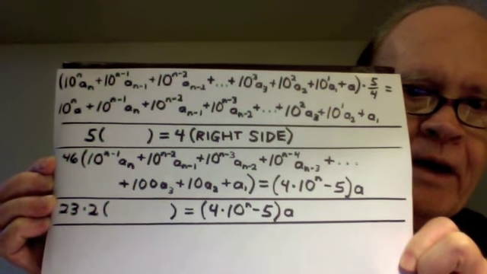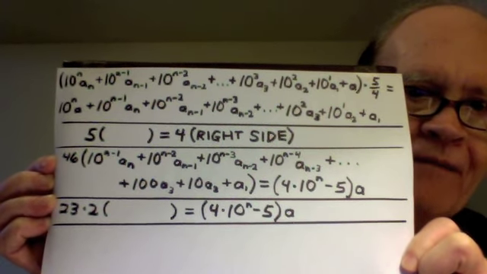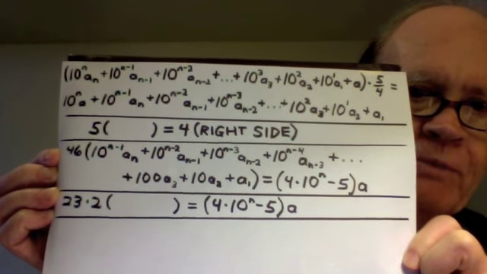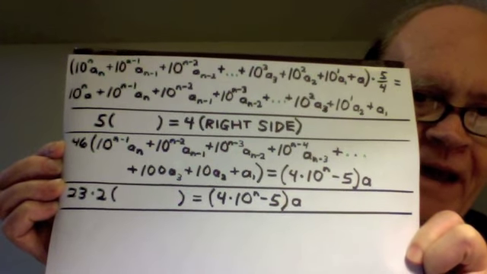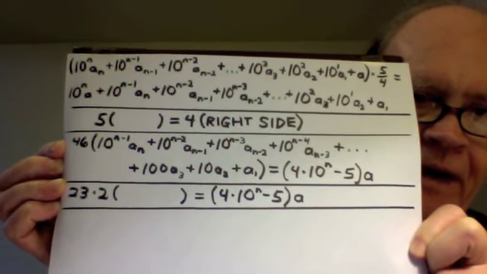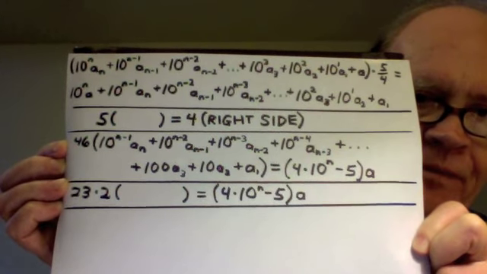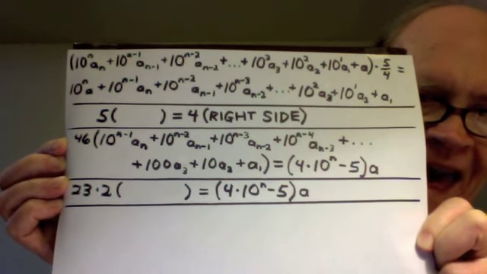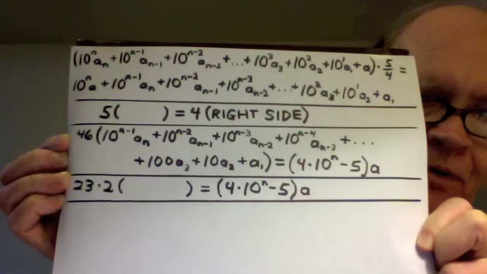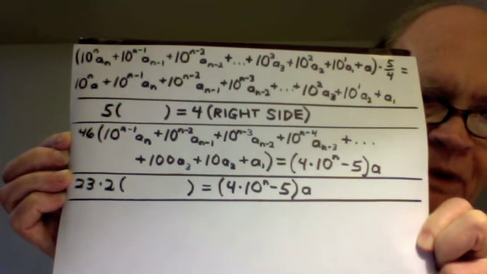Now if we get on the left side the terms containing a with those subscripts, from a_n down to a_1, and on the right side we get a without the subscript with its coefficient, with its multiplier.